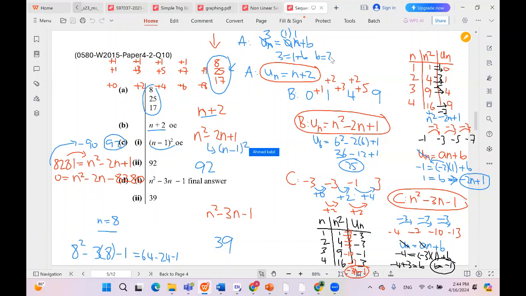So this is correct as well. It doesn't matter. You don't have to simplify it. You don't have to factorize. Both expressions would work as correct answers here. So this is fine and this is fine. And then we have 92. And n squared minus 3n minus 1 is correct. And finally, the 39 is correct as well.